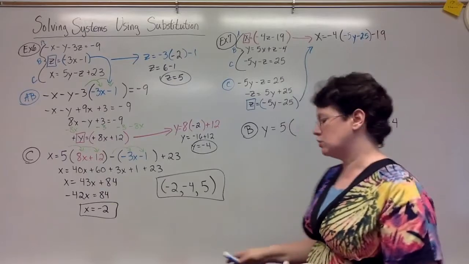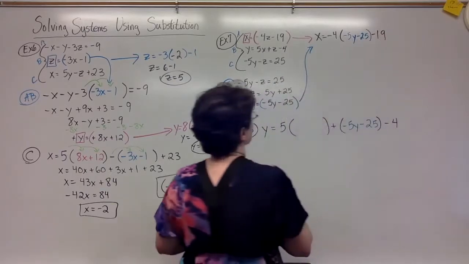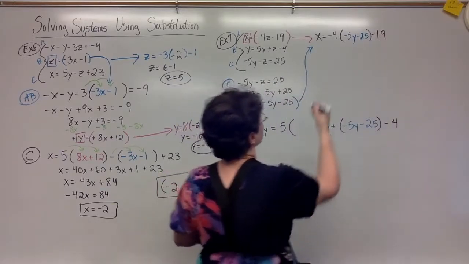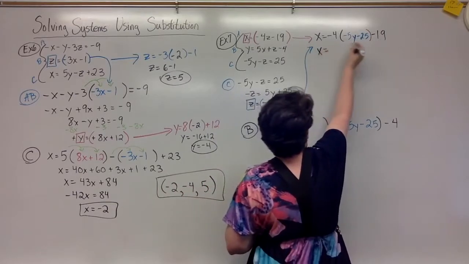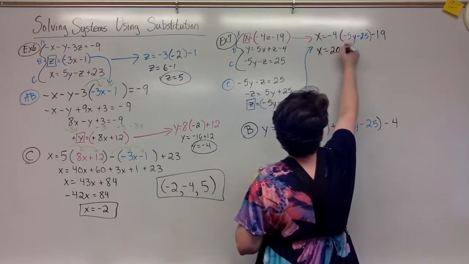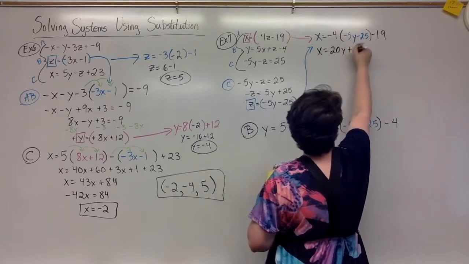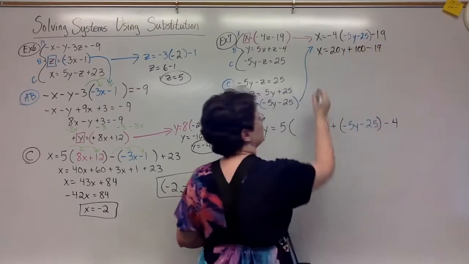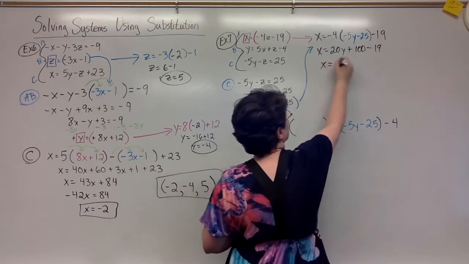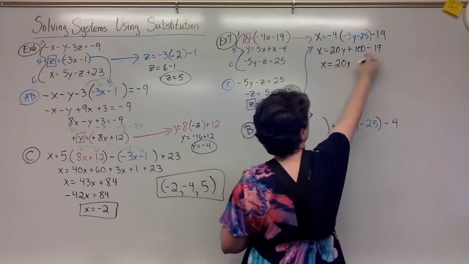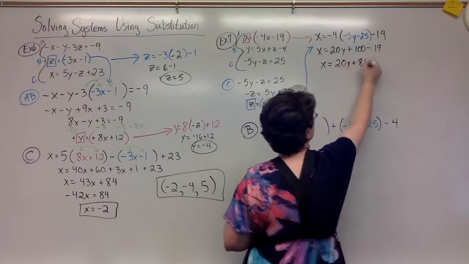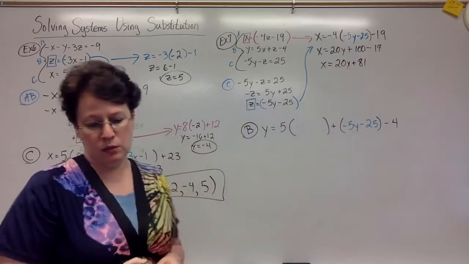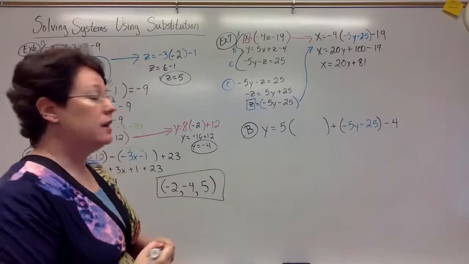We still have to distribute that wonderful 4. So we have x equals, that becomes 20y plus 100, 4 quarters makes $1, minus 19, not a big deal. So that's 20y, and this becomes 81, right? 20y and an 81.